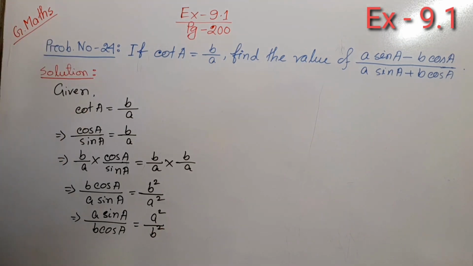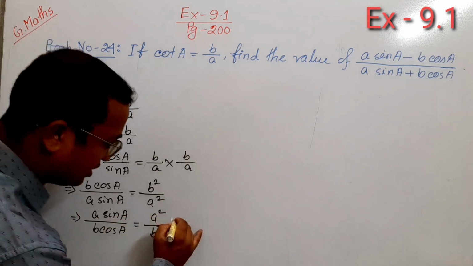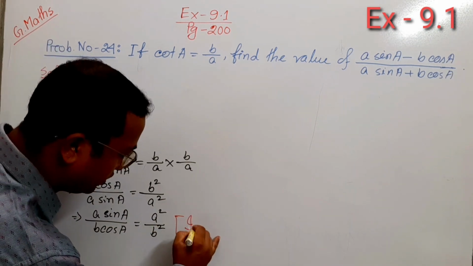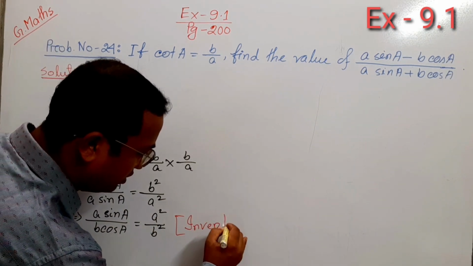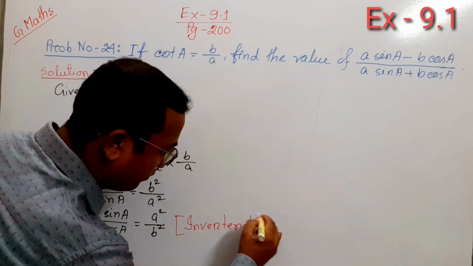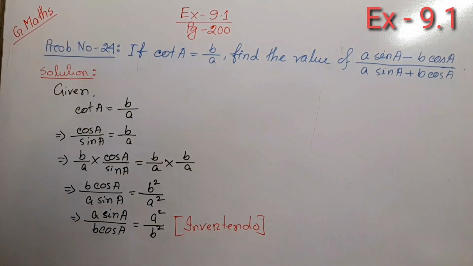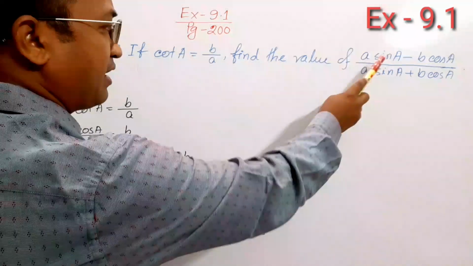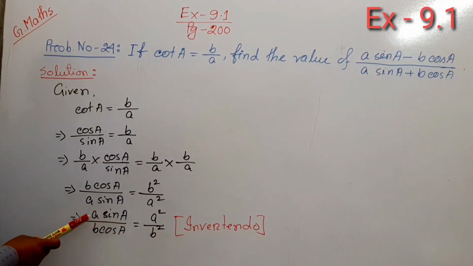Why did I do the invertendo over there? This is invertendo. Why have I taken invertendo? Because we need a sin A at first. So I want to make a sin A the numerator and b cos A the denominator.